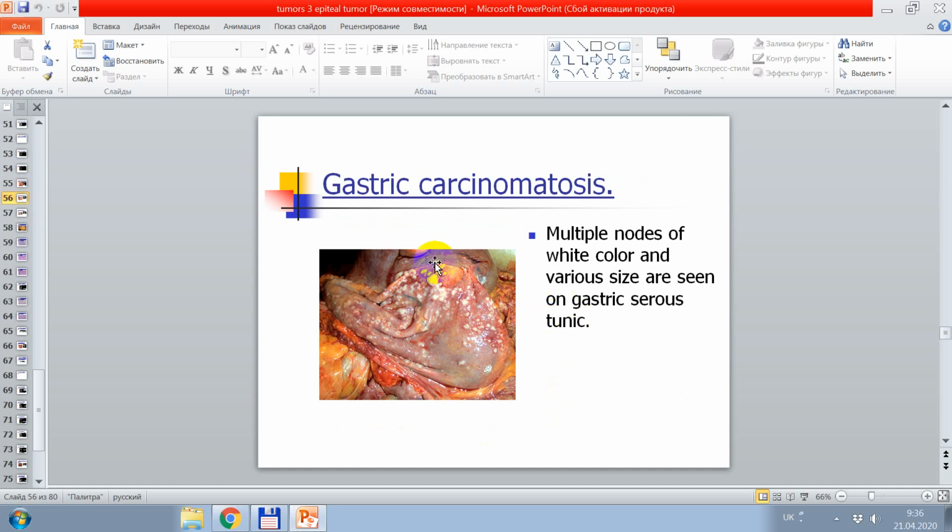This shows macroscopic signs of gastric carcinoma on the serosa. Multiple nodes of white color and various sizes are seen on the gastric serous tunic.